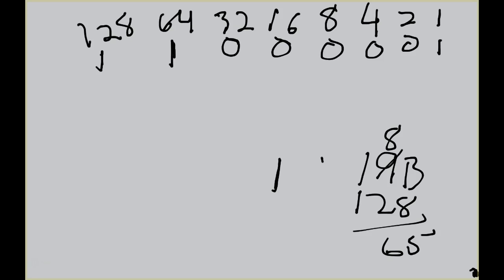And I can double check myself. Did I really get the right number up there? So I go 128 plus 64 is 192 plus 1 times 1 is 193. And any set of values we can do this with, either forwards or backwards. So I can go from decimal to binary, from binary to decimal.